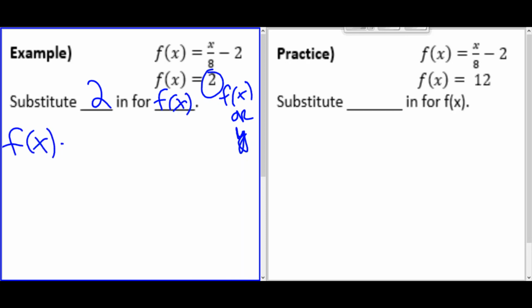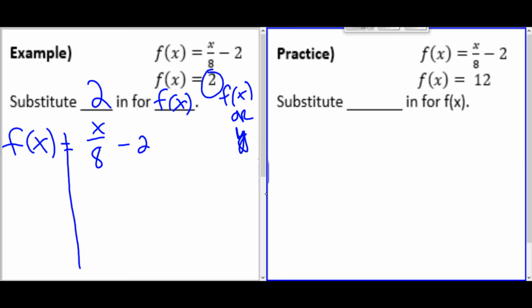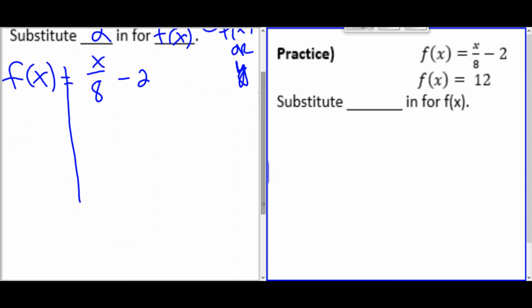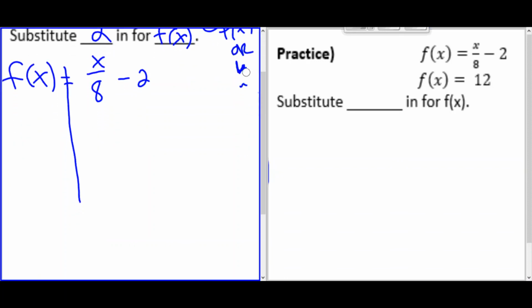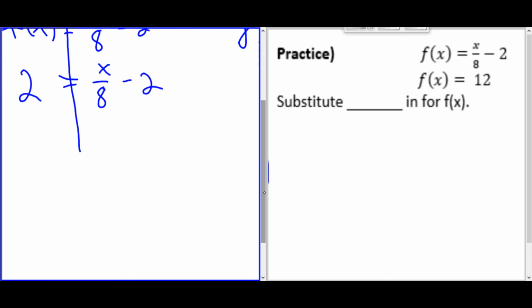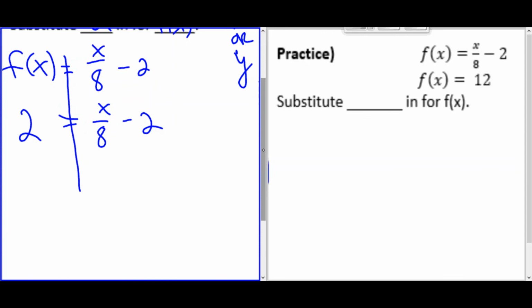So I'm going to write f of x equals x divided by 8 minus 2. Draw the line, and I'm substituting 2 in for f of x. Sorry, this looks messy. Let me clean that up. But I'm substituting 2 in for f of x. I'm going to say 2 equals x divided by 8 minus 2. Now we're just going to solve this equation.